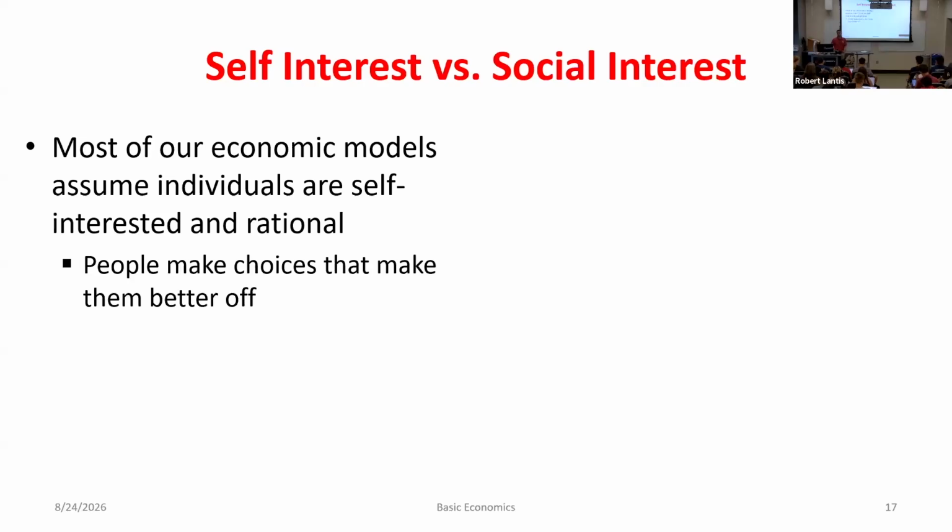Now, you might think, okay, people are making decisions to make themselves better off. Why do we have non-profit organizations, not-for-profit? What is their self-interest? They get value in helping other people, right?